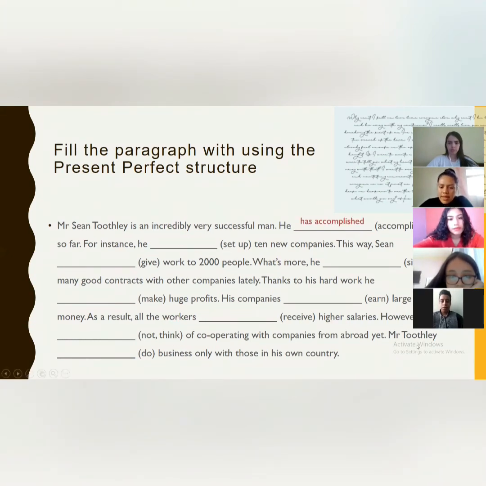Okay, Gabriela, please continue. For instance, he has set up 10 new companies. This way, he has given work to 2,000 people. Okay, please continue. What's more, he has signed many good contracts with other companies lately.